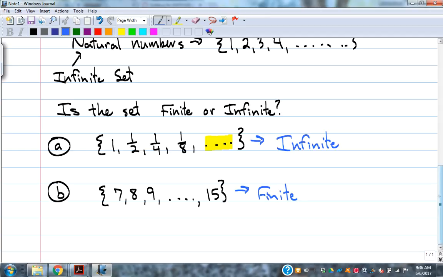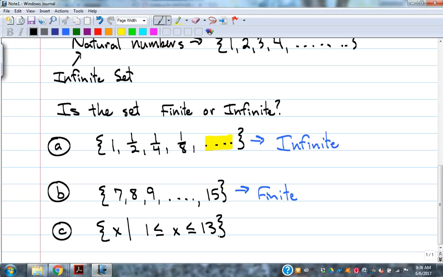Now, another way that they could write a set is with this notation, that they have something set up where you have X and then a straight up and down bar, and then they put this inequality in there. And they might have 1 is less than or equal to X is less than or equal to 13.